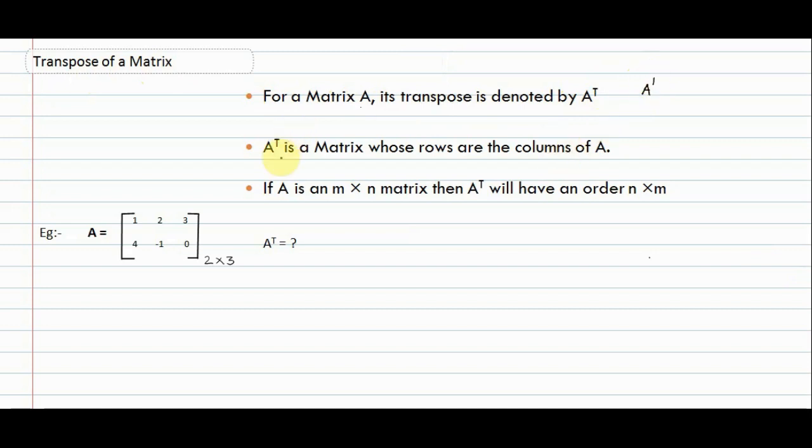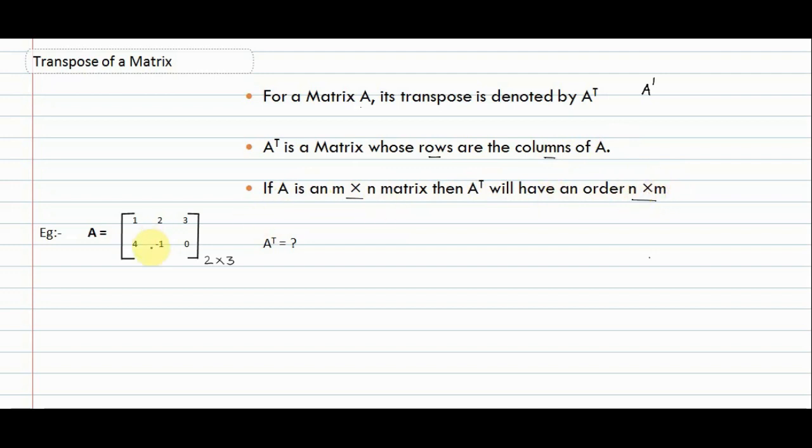Now, A transpose is a matrix whose rows are the columns of A. So the rows of A transpose will be equal to the columns of the actual matrix A. Now, if A is an m by n matrix, then A transpose will have an order of n by m. That is just the reverse of the actual matrix. So the actual matrix is having an order of m by n. Therefore, A transpose will have an order equal to n by m.